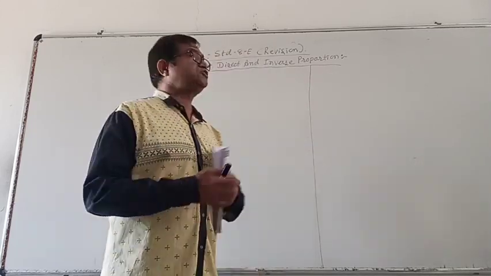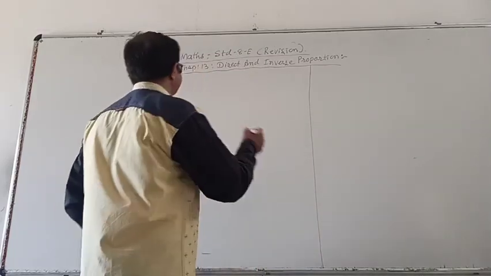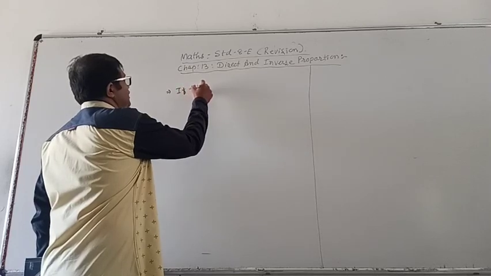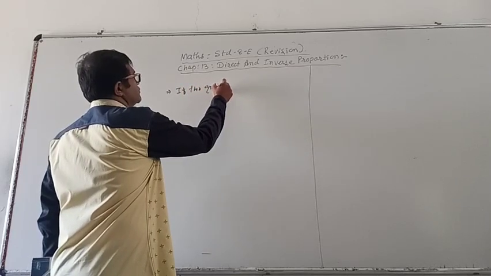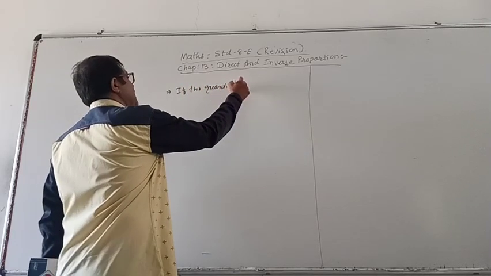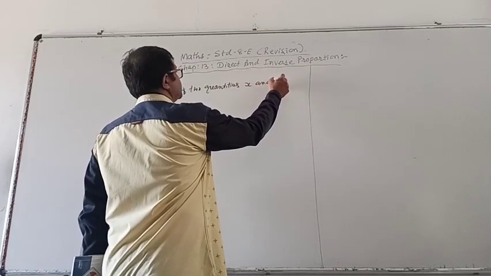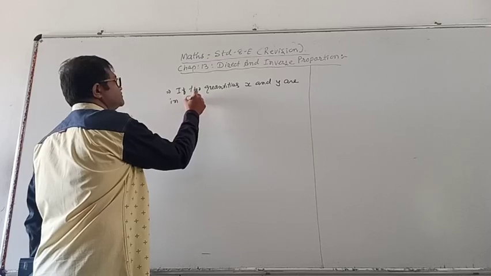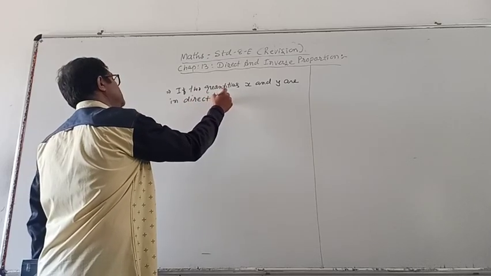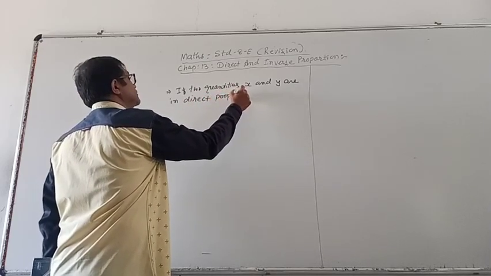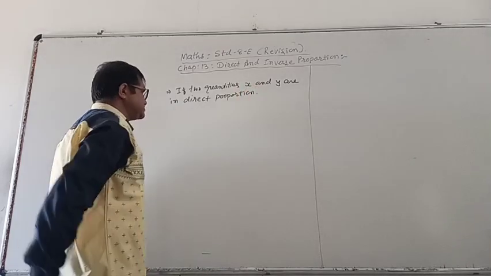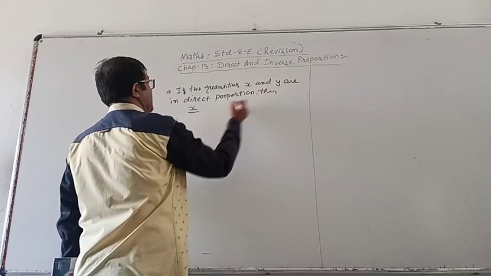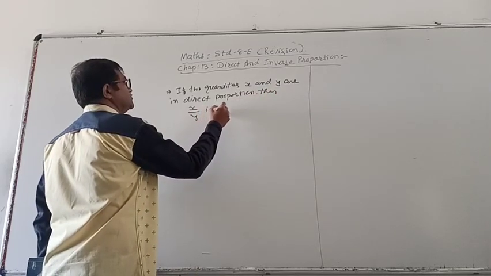And when two quantities x and y are in direct proportion, then we can say that x upon y is constant.